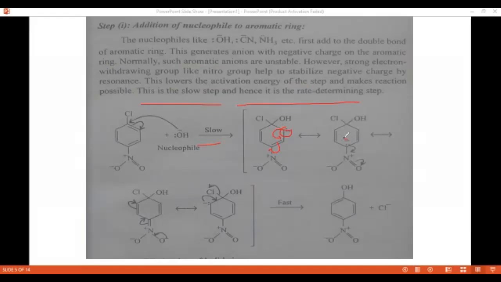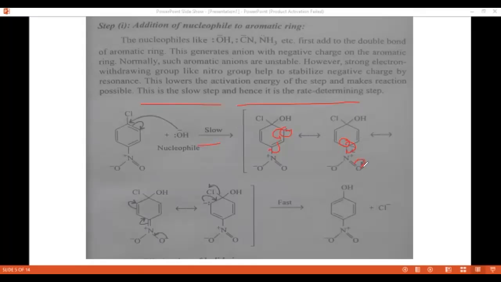This ortho carbon carries a partial negative charge. This negative charge is delocalized in the benzene ring, and then a bond breaks at the para carbon atom, which carries a partial negative charge. Since the nitro group is attached at the para position, this negative charge is stabilized by the nitro group through the formation of a double bond.